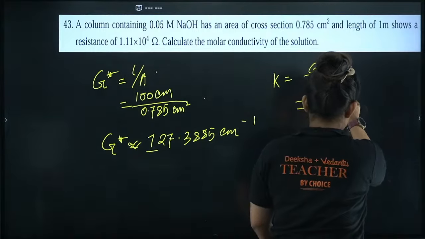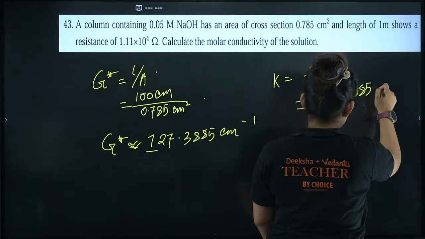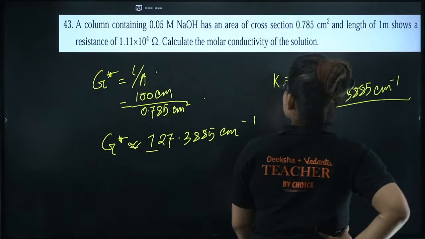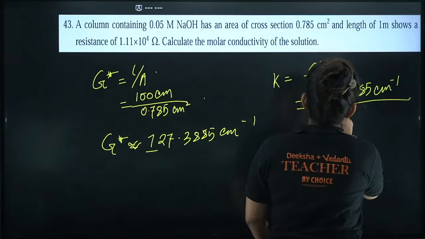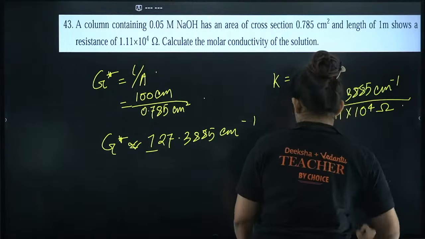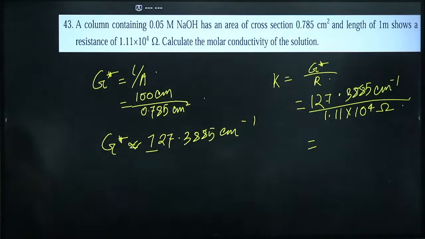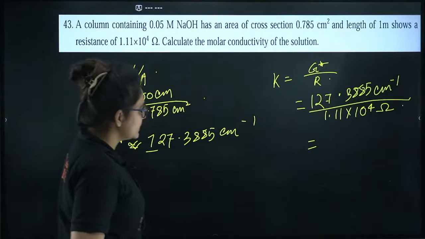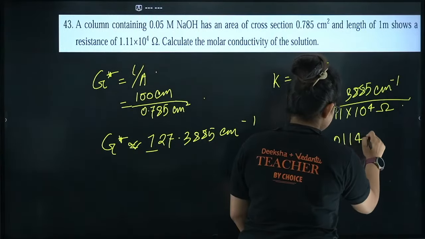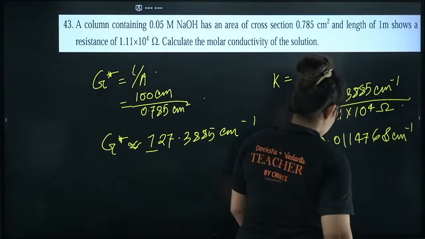So 127.3885 centimeter inverse divided by, what is the ohm value? 1.11 into 10 power 4 ohm. Just let me do the calculation. So you can get 0.01147 Siemens centimeter inverse out of it.